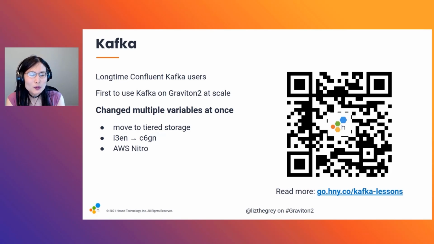So we decided that we wanted to leverage Confluent's tiered storage in order to use less local SSD, to no longer be constrained by SSD, and to right-size things in order to be located on C6GN instances, using the newer AWS Nitro on the C6GN instances. So we changed multiple variables at once, right? We adopted tiered storage, we changed from x86 to ARM, we changed instance types and shapes, and we also had a newer hypervisor.